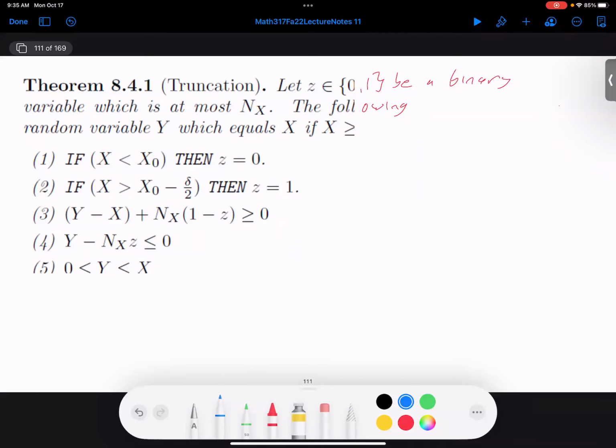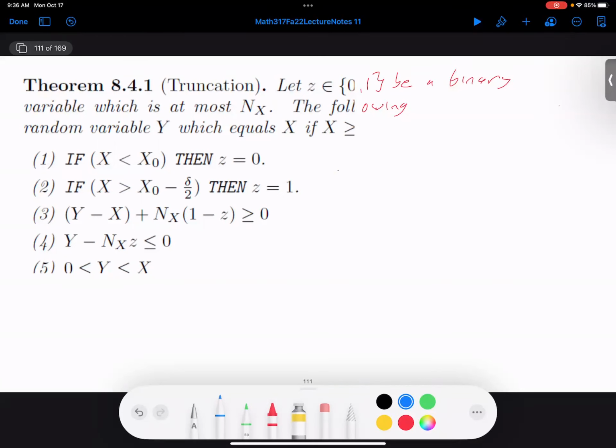So if x is less than x naught, then z equals 0. Okay. Do we know how to do an if-then statement? Yes. Does anybody have any desire to clutter up? No, right? We know how to do if-then, so if-then is going to be our box, so let's just do if-then. So we now know if x is less than x naught, then z equals 0. If x is greater than x naught minus delta halves, then z equals 1.